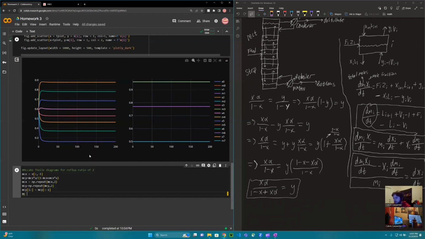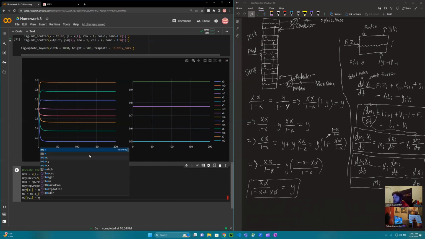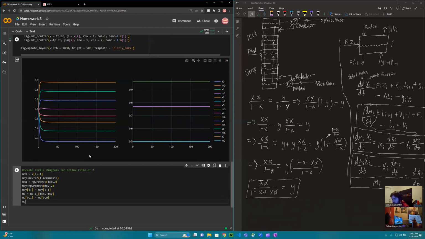MC, I think, is equal to np.c_, MCX comma MCY close bracket. MC 0 comma 1 close bracket is equal to MC open bracket 0 comma 0 close bracket.